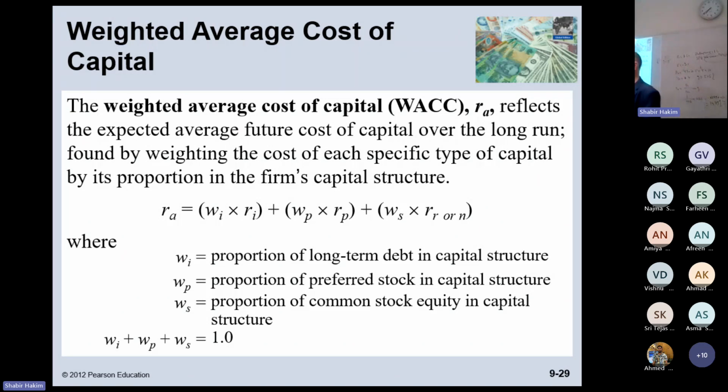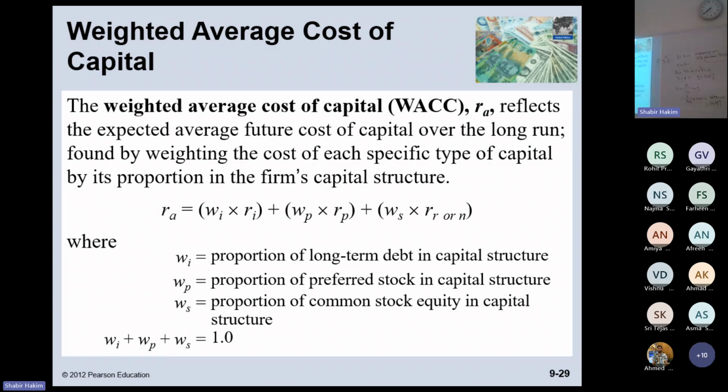It is a weighted average in terms of the weights assigned to each component of capital, multiplied by the respective costs of the capital components. So the weighted average cost of capital reflects the expected average future cost of capital over the long run, found by weighting the cost of each specific type of capital by its proportion in the firm's capital structure.